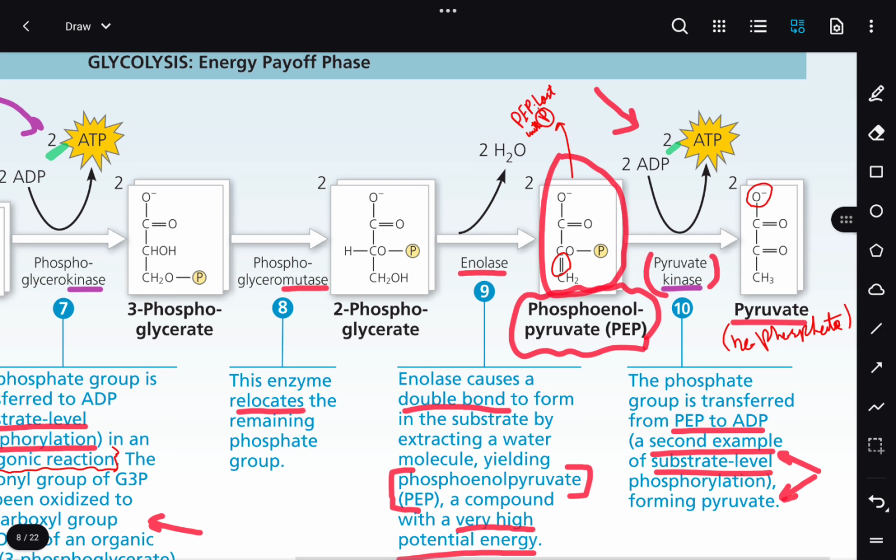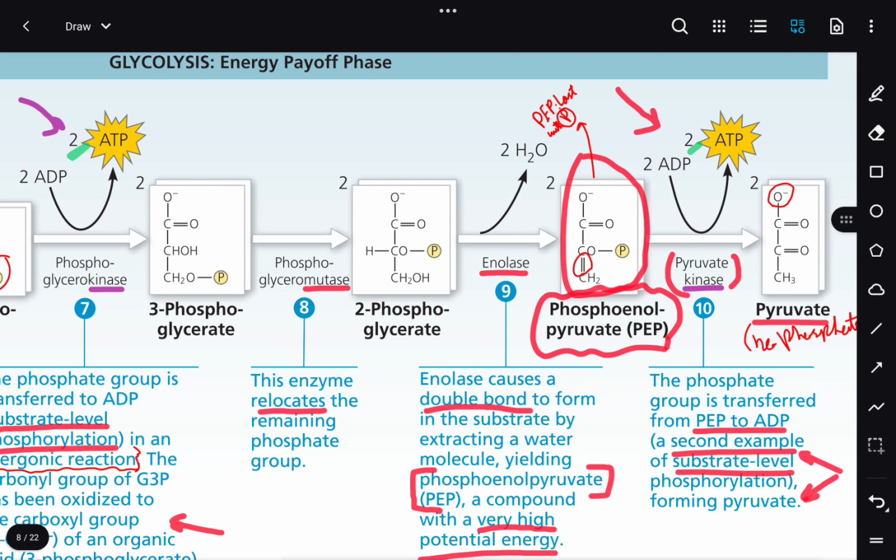Enolase creates the PEP, which is phosphoenolpyruvate. Yes, PEP has the last phosphate group. We have 2 water molecules here at least.